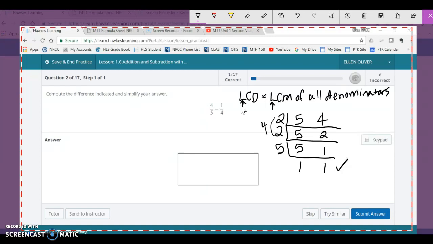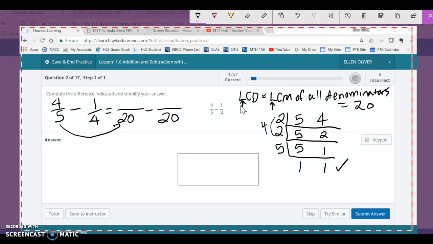Okay, so I'm going to rewrite this as 4/5 minus 1/4. Now I've determined that my common denominator is 20. So I need to rewrite this as some 20ths minus some 20ths. Okay, so I need to change from 5 to 20.